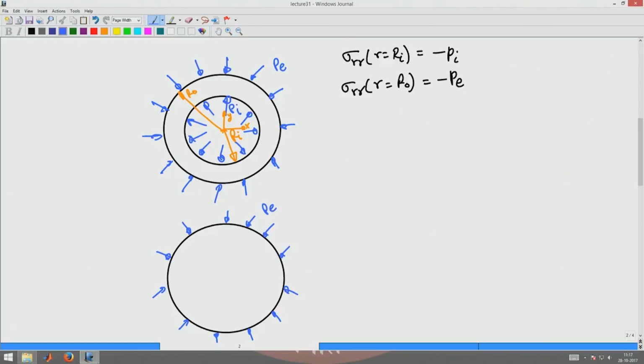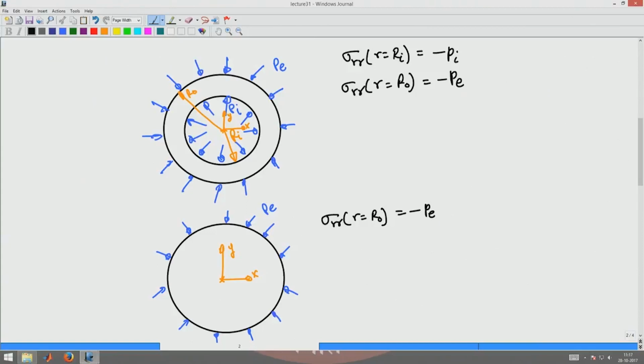So, this PE is acting on a solid cylinder with x and y oriented like that. Now, what are the boundary conditions you have? You have presumably only one boundary condition, right. You have sigma rr at r equal to R naught given by minus PE. What is the other boundary condition that you will use?